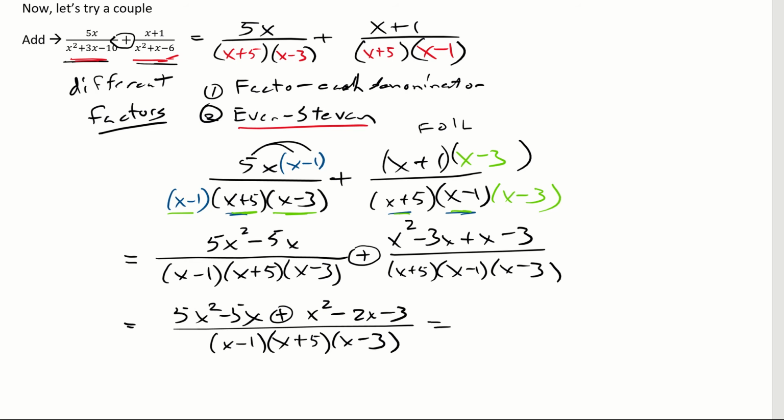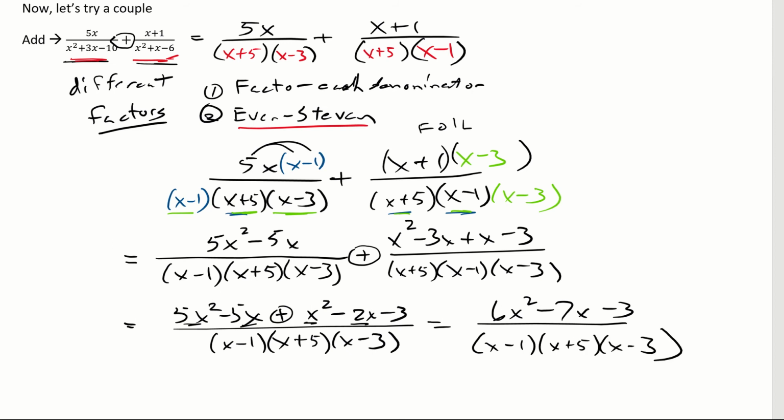We're almost done, folks. All we have to do is combine like terms. So how about we do that? We got 5x squared, and one more is 6x squared. We've got minus 5x, minus 2 more is minus 7x, and then we have minus 3, all over x minus 1, x plus 5, and x minus 3.